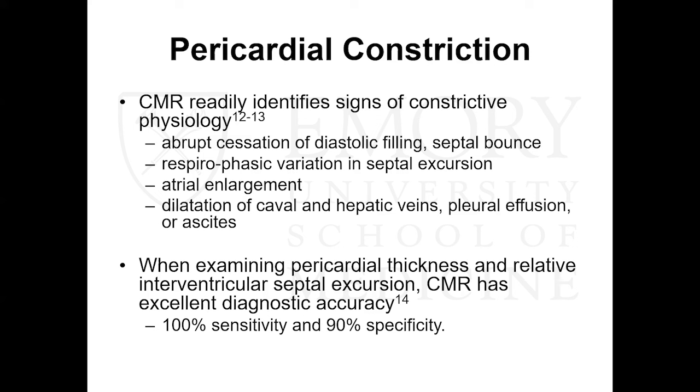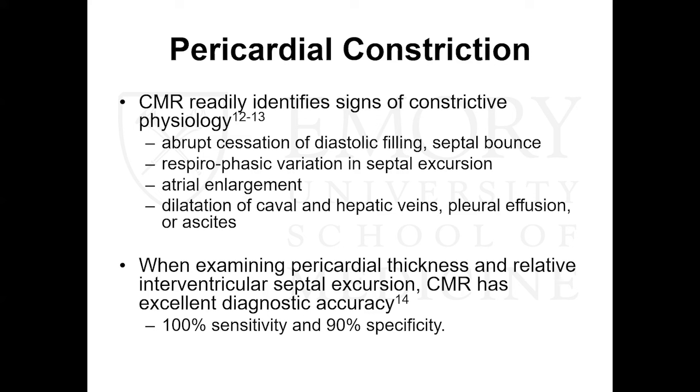The beauty, I think, of cardiac MR is that it has excellent diagnostic accuracy in diagnosing patients with pericardial constriction. In one review article that I found, since we can see the physiology on cardiac MR, combining a 3 millimeter cutoff and the relative interventricular septal excursion, when both of those things were present, cardiac MR had excellent diagnostic accuracy for pericardial constriction.